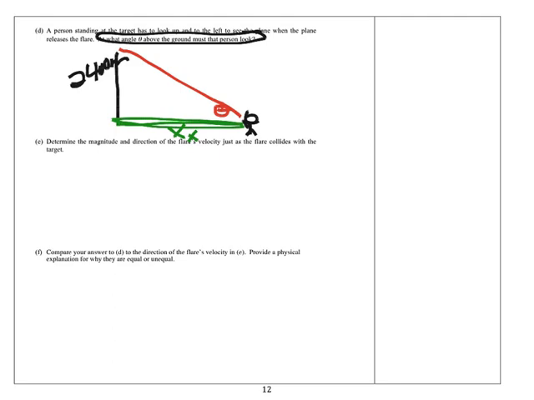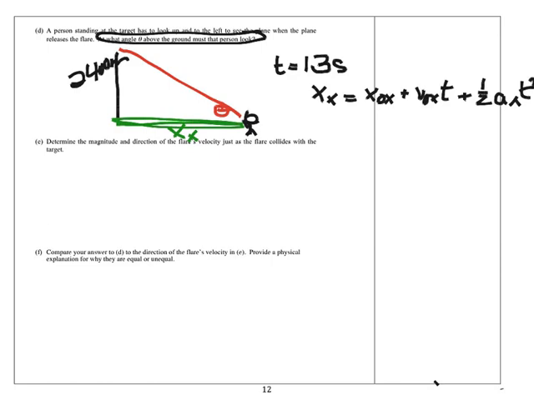So we're going to use the fact that t is equal to 13 seconds, and I'm rounding a little bit, but that's okay. And we can solve for x with the first equation. x equals x0 plus v0x t plus 1/2 ax t squared.